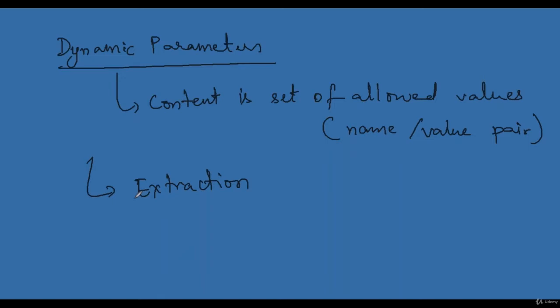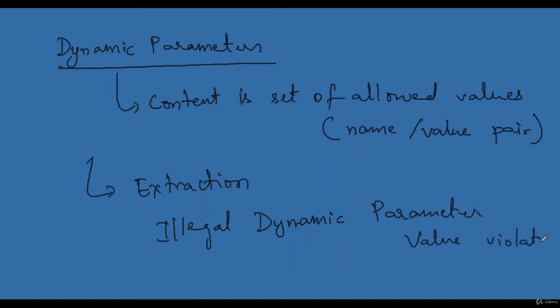And if a user, let's consider a hacker, tries to change the parameter value in a subsequent request, then ASM generates a violation called illegal dynamic parameter value violation, depending on the learn, alarm, and block settings of the security policy.